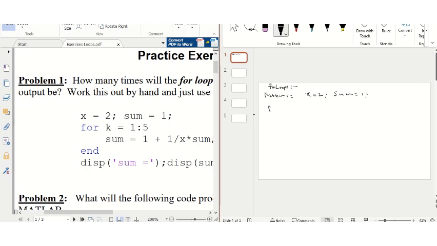For, I am just trying to take the direct value, sir. When k is equal to 1, okay, when k is equal to 1, sum is equal to 1 plus 1 by x into sum.